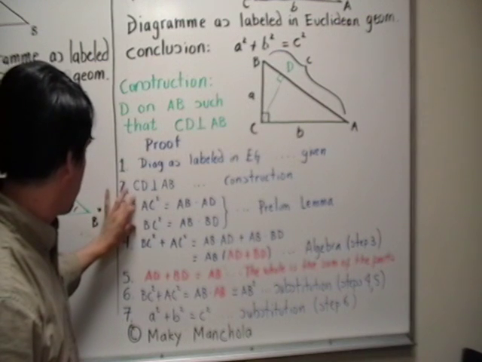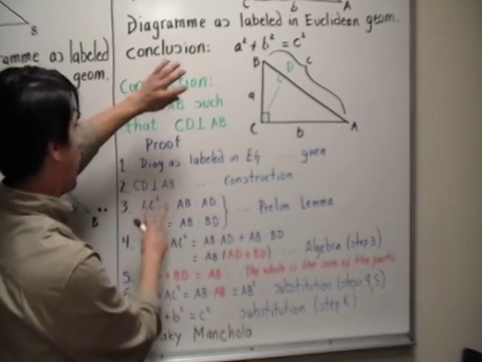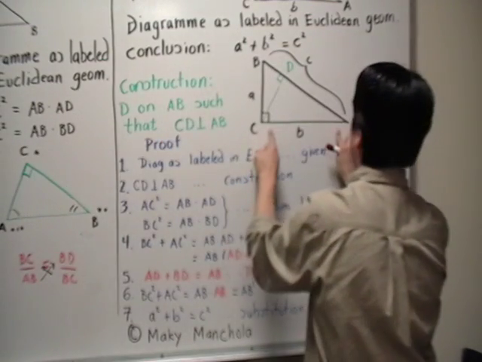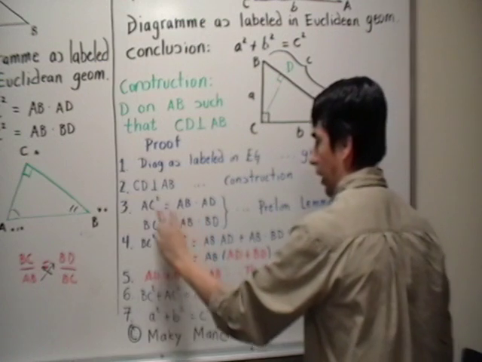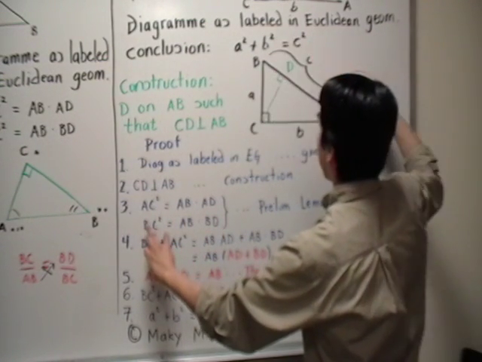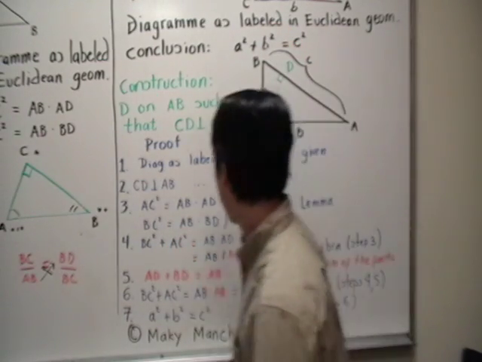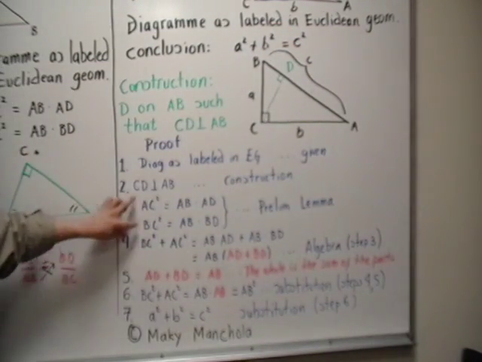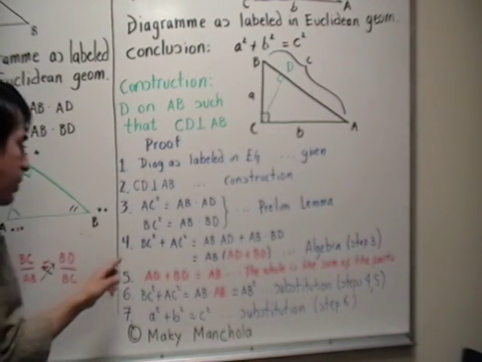All right, here we're going to note that the preliminary lemma applies. AC squared equals AB times AD. BC squared equals AB times BD. That's the preliminary lemma. Now let's add BC squared plus AC squared.